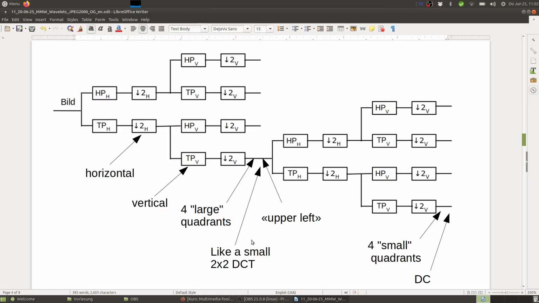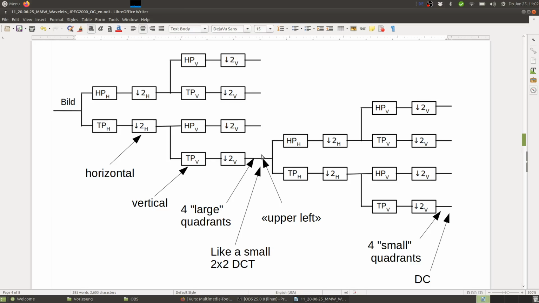If we had a 2x2 DCT, it would give us the same appearance, except that the corresponding filters of the DCT are much smaller than of wavelets. This is actually one of the biggest differences. Wavelets have much longer filters than the corresponding filters of the DCT filter bank.